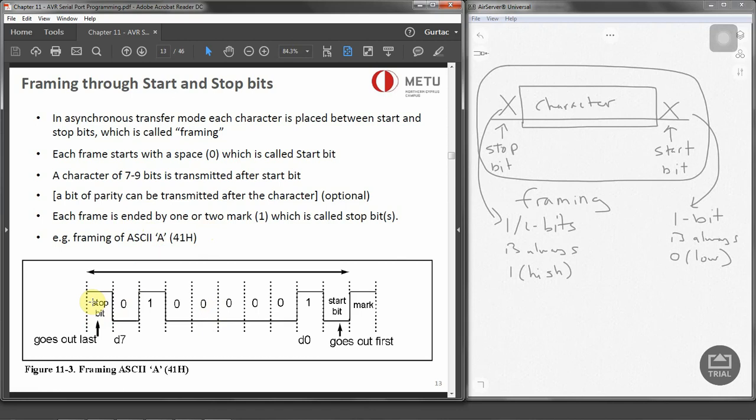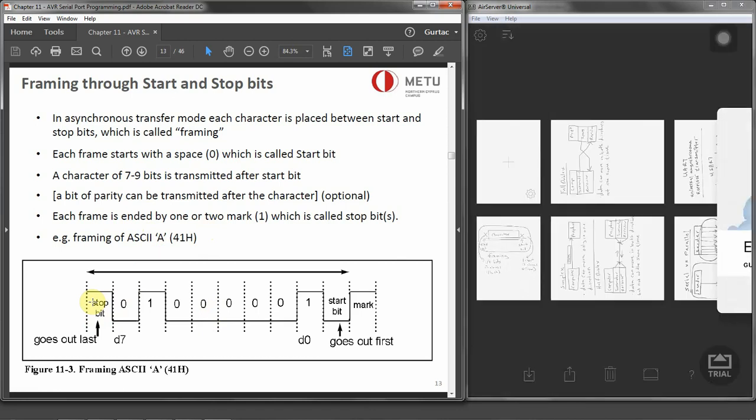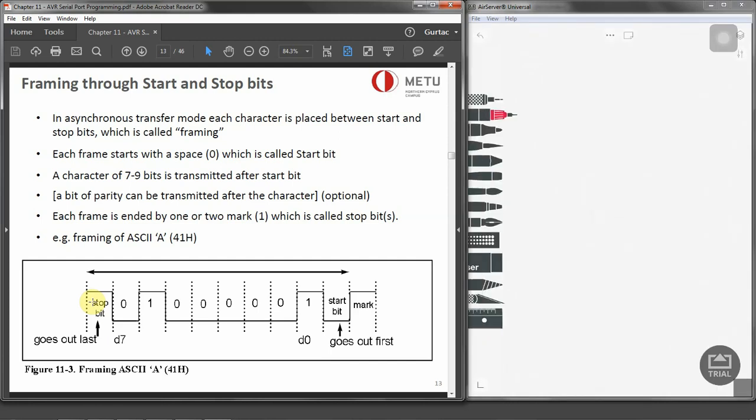So this is how we can use asynchronous communication using framing to transfer data from one side to the other. Now we understand the difference between synchronous and asynchronous, and how asynchronous works, transferring data using a protocol with start and stop bits and so on.